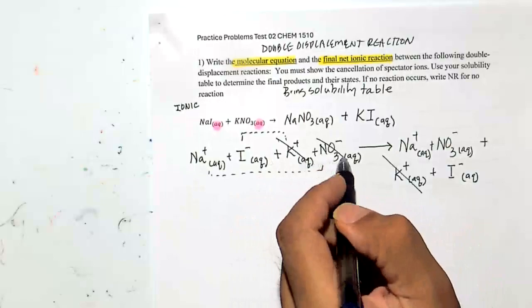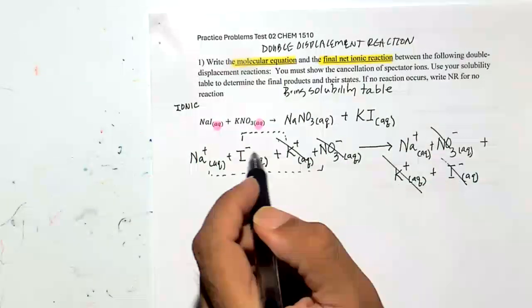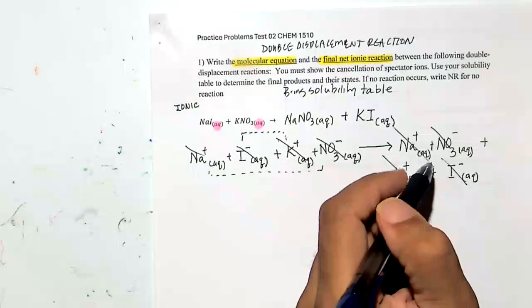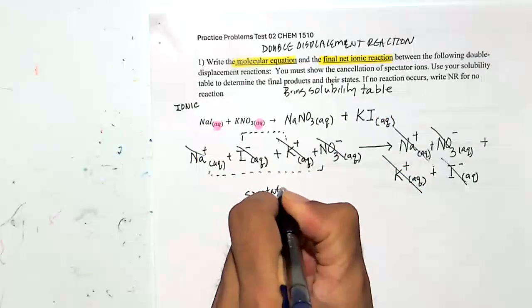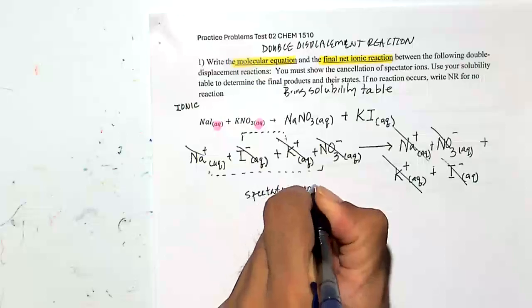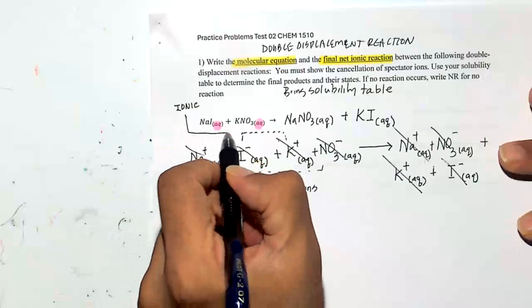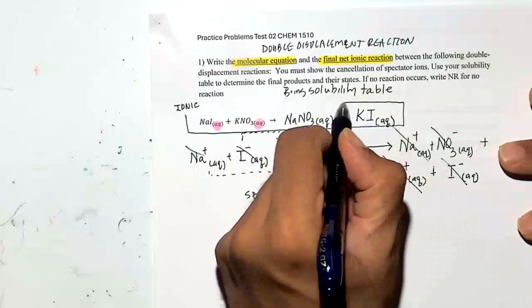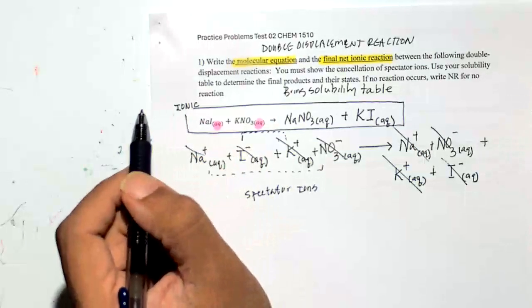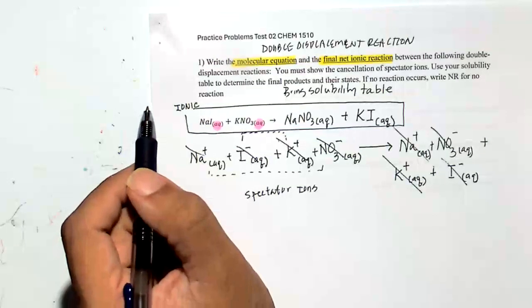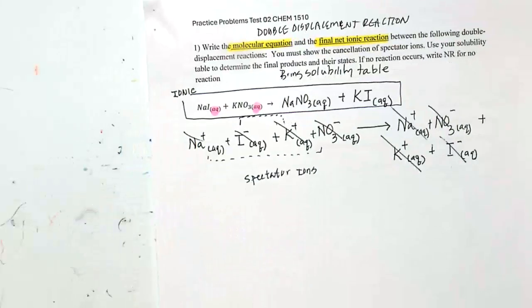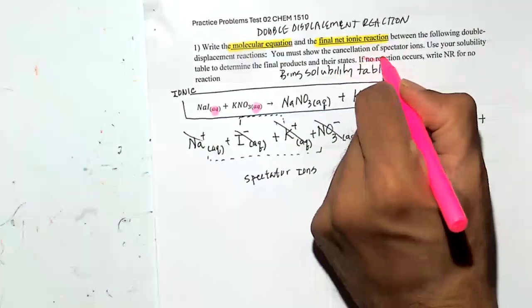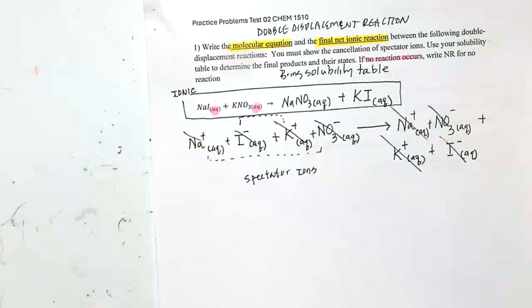So these spectator ions cancel. These are called spectator ions, right? They cancel. So what we have here is the molecular equation. So what would our net ionic equation be, however? No reaction.